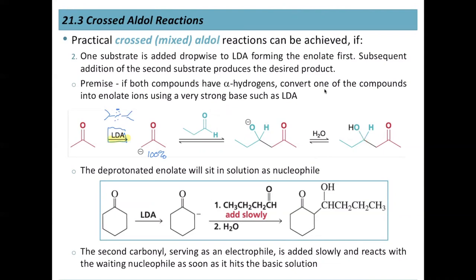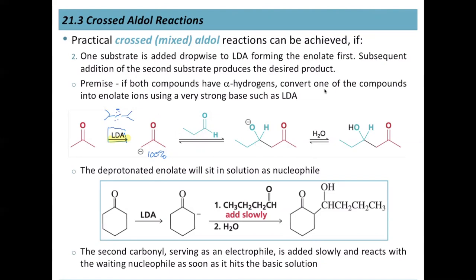So the two options we have so far are having a reaction where only one of the species has alpha protons, or using LDA to form 100% of our enolate. And then once that's formed, adding in the acceptor or the electrophile, and then we can control who reacts with who.